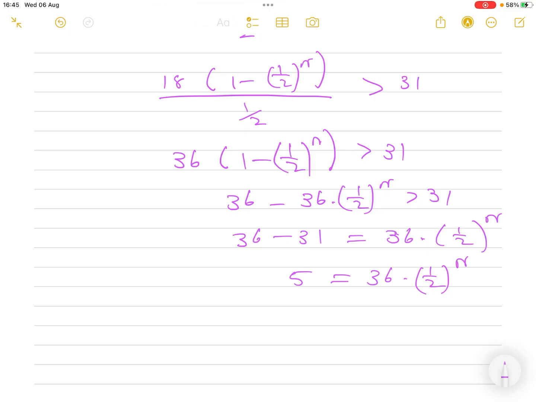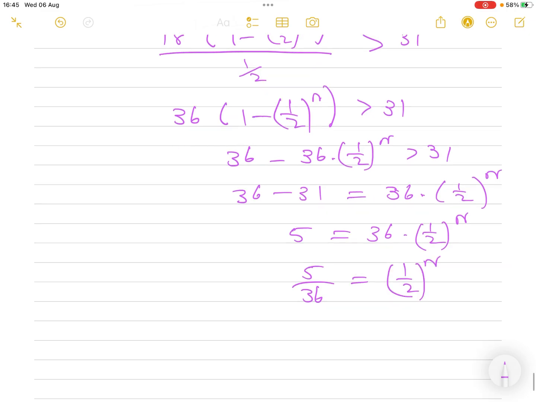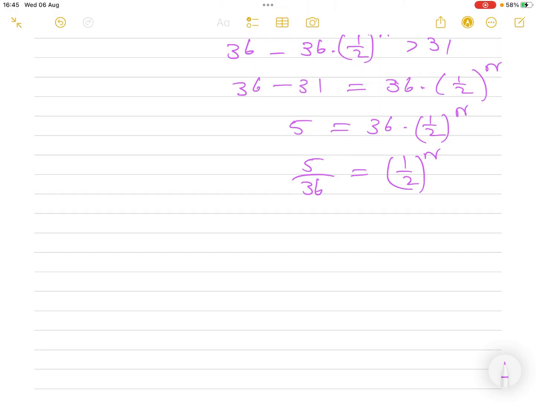There is no possibility of writing 36 in terms of 2. So what is remaining now is to divide both sides by 36. So 5 divided by 36 equals half to the power of n. Then I can introduce a log, multiply by log both sides.